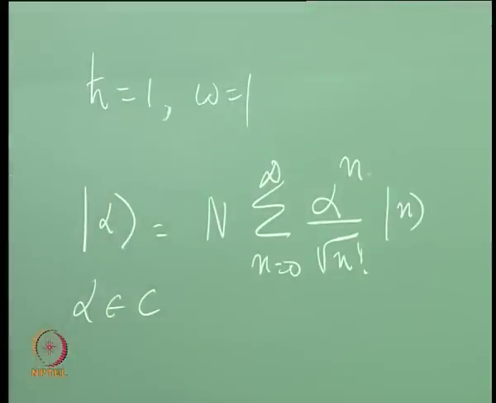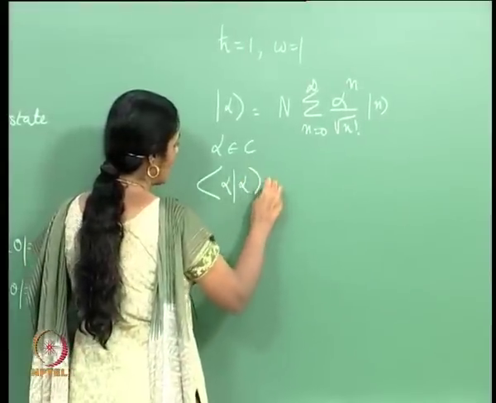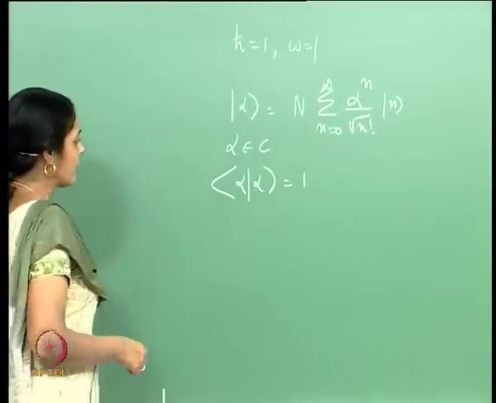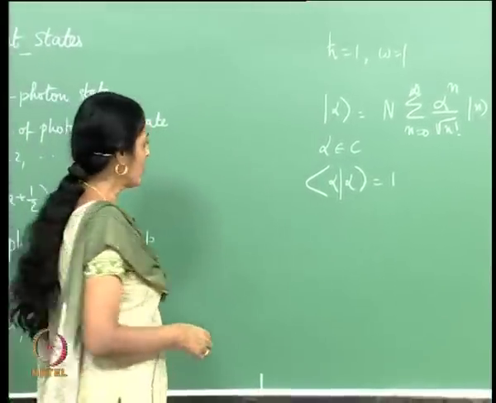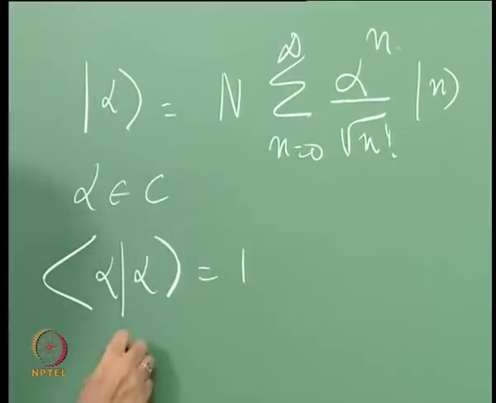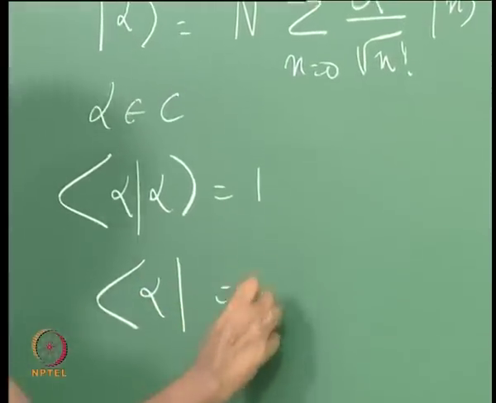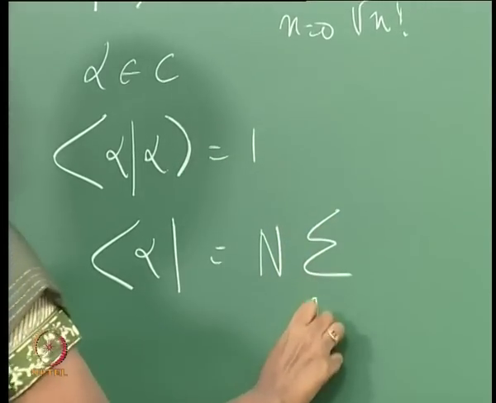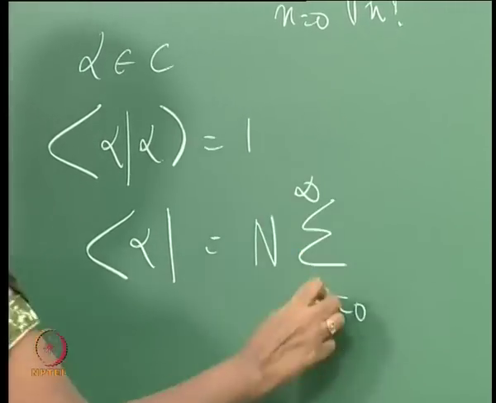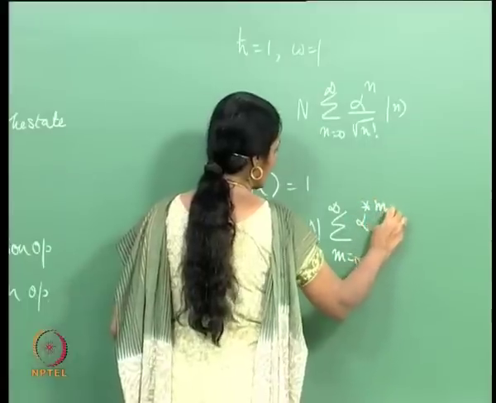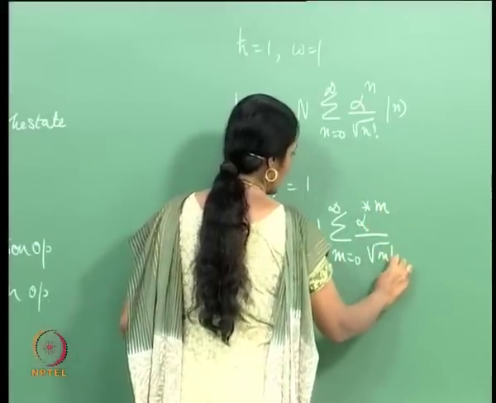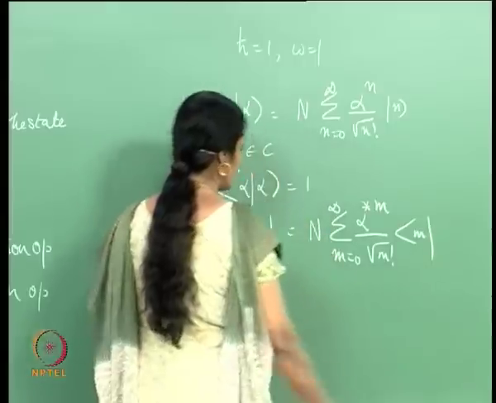First of all, let's normalize the state. I want this property: the inner product of alpha with alpha is equal to 1. So the bra is n summation m equal to 0 to infinity, alpha star to the power of m by root m factorial bra m.